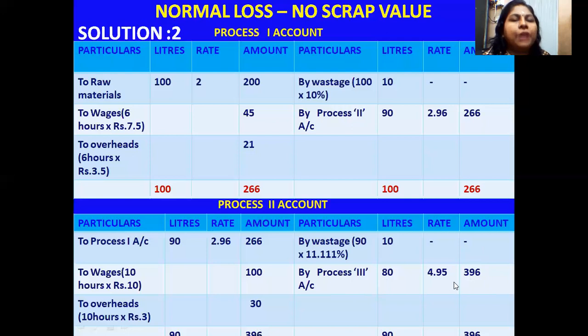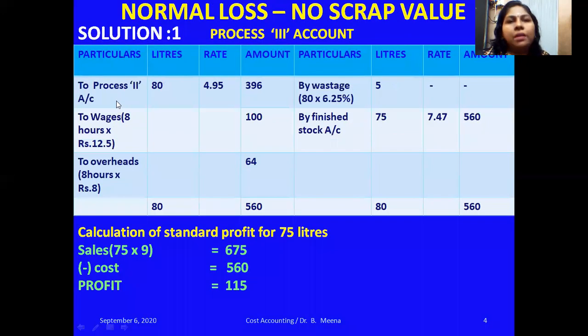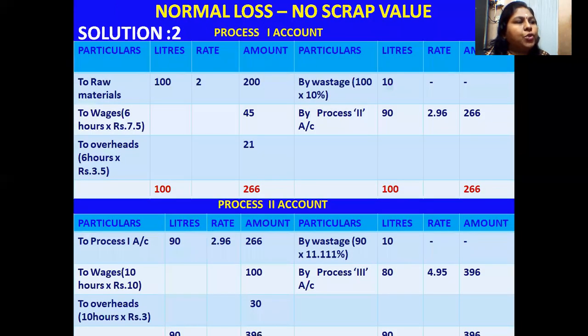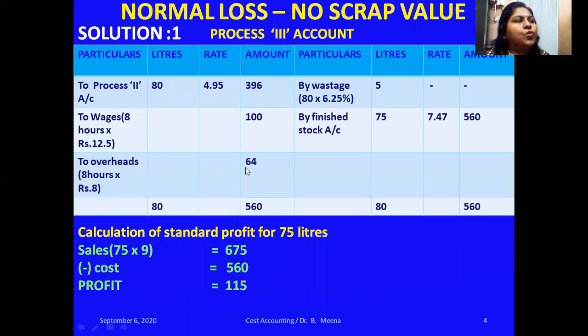This amount will transfer to the next process on the debit side as input, and debit all expenses like the previous process. 8 hours into 12.5 tells you the direct labor cost. 8 hours into 8 rupees tells you the overhead cost for process 3. That's what I mentioned over here. Okay. So overhead cost 64 rupees. As usual, close the debit side: 80 liters and the amount is coming 560.